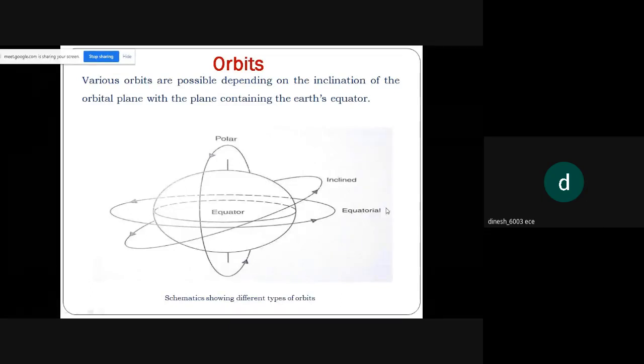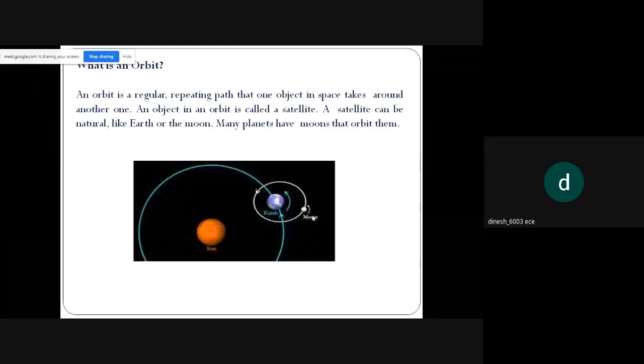Other than the polar and equatorial orbits, if the satellite is placed in an orbit that is inclined in any direction and revolves around the Earth's surface, we call it an inclined orbit. Depending upon the application and need, we choose which orbit to put our satellite into space.